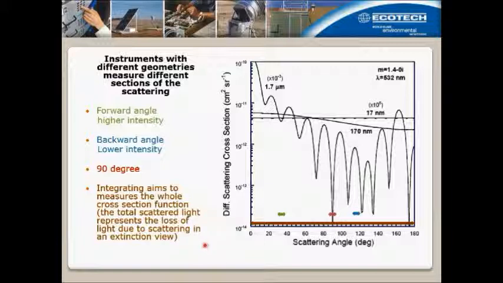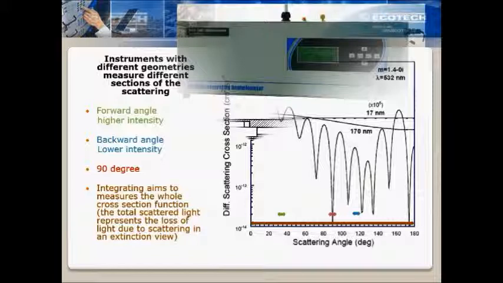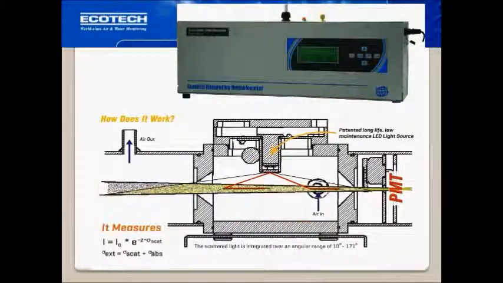When you look into measuring the whole scattering angle, there is one way you can do that. And here it's basically shown what you do when you want to measure the whole angle area. You have a light source basically here illuminating a particle loaded area, and the cone basically is the light cone.